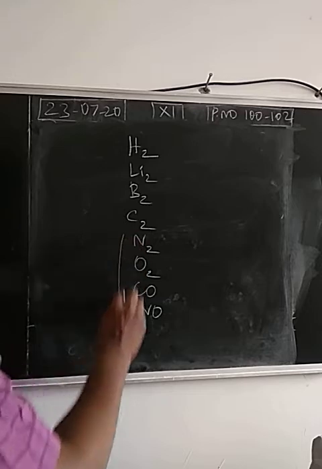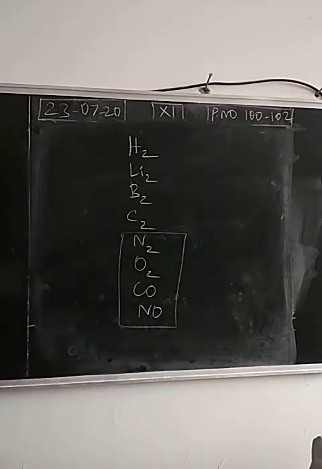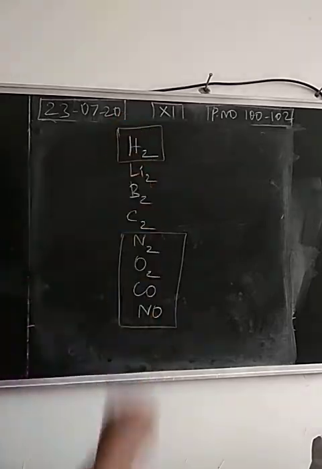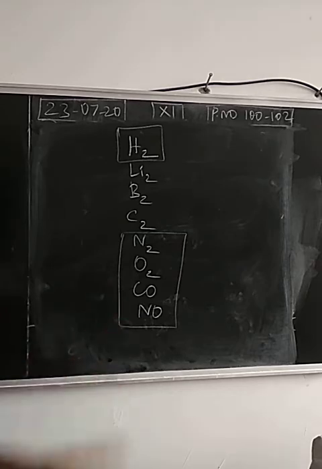From these. So these are very important for 5 marks. This is important for 3 marks. They may also give some other molecules, except these 8 molecules, right? So you have to be thorough with the theory. You can apply the concepts to any molecule to find bond order as well as magnetic property.